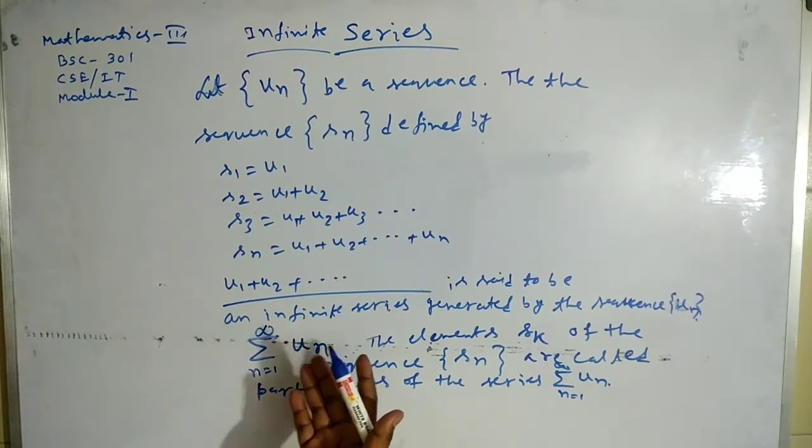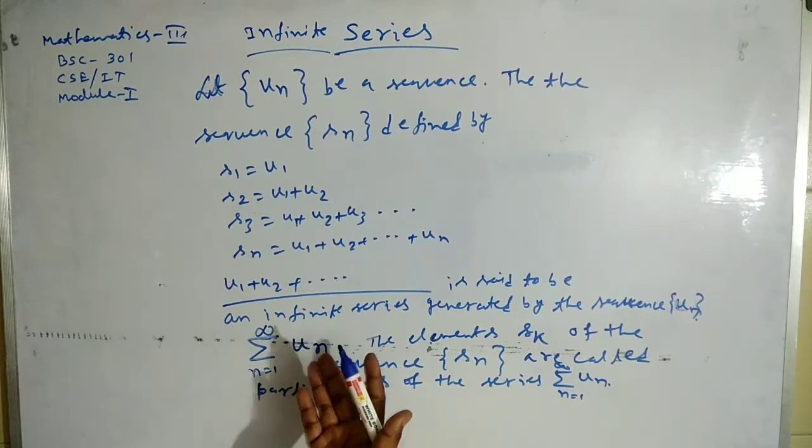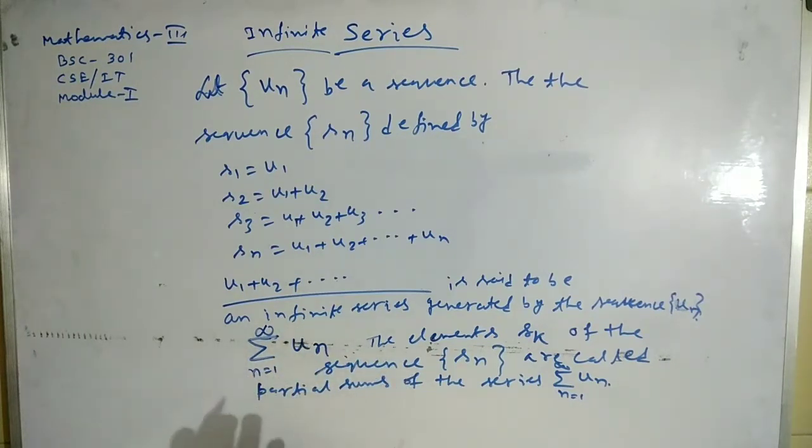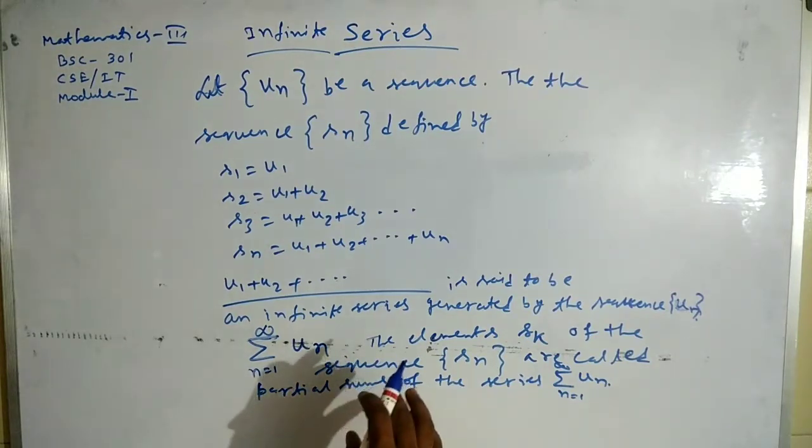Okay, so this infinite series summation Un can be convergent or divergent. So when will it converge or diverge? Okay, now I will tell you.